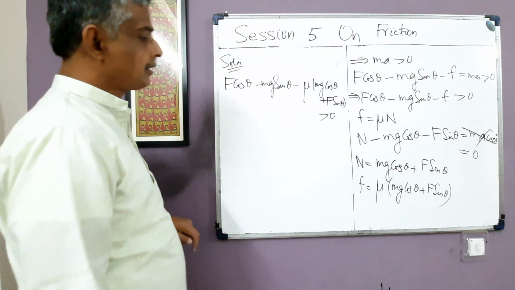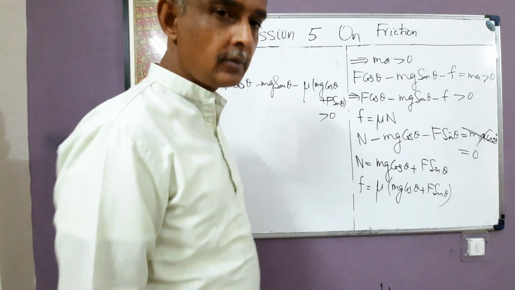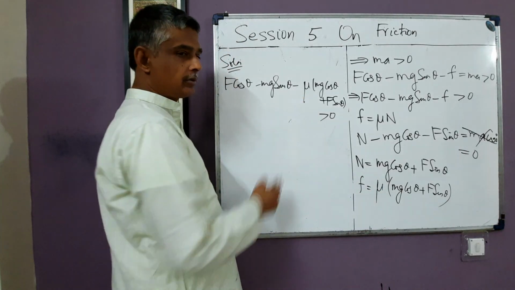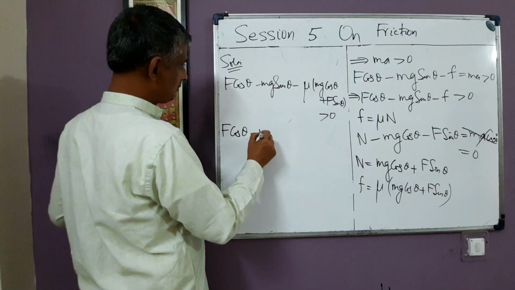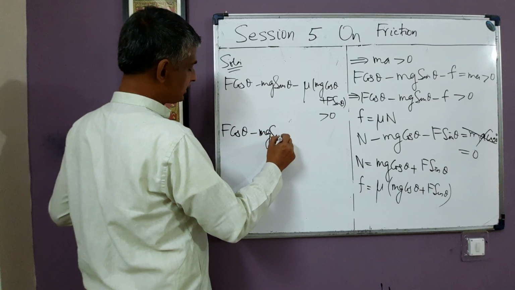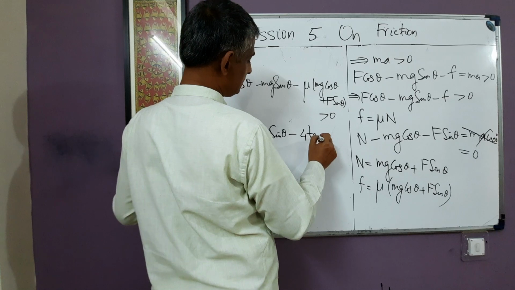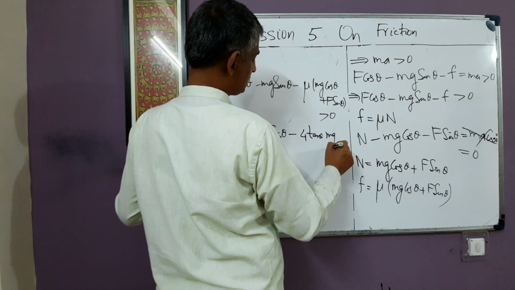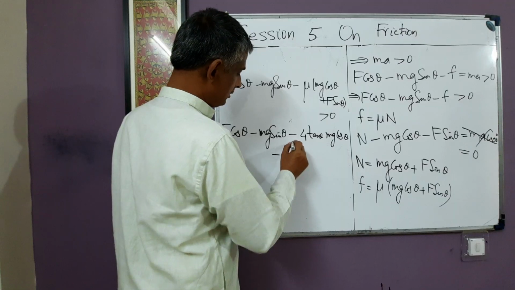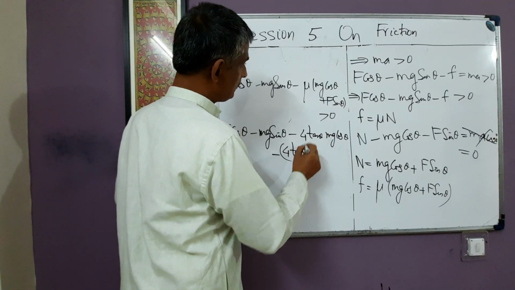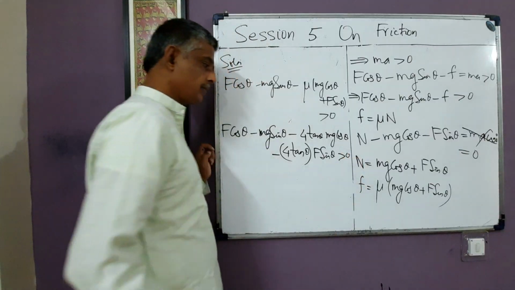Now mu is given to be 4 tan theta, that is 4 sin theta by cos theta. So substitute the value of mu in this inequality. F cos theta minus mg sin theta minus 4 tan theta into mg cos theta minus 4 tan theta into F sin theta, that is more than 0.